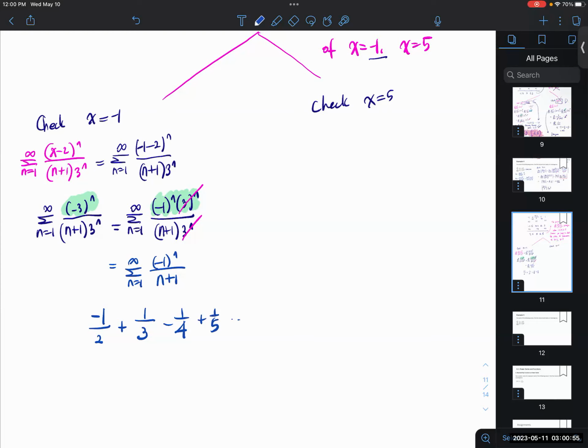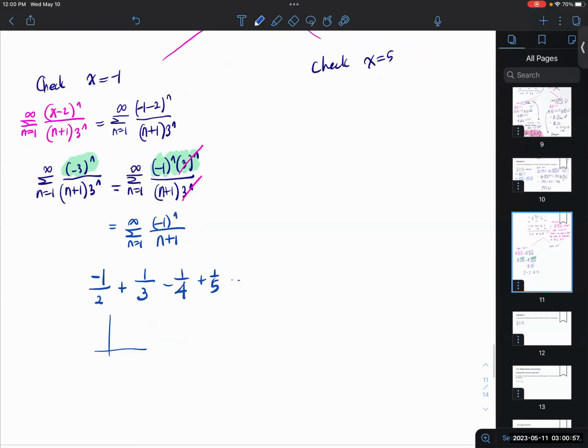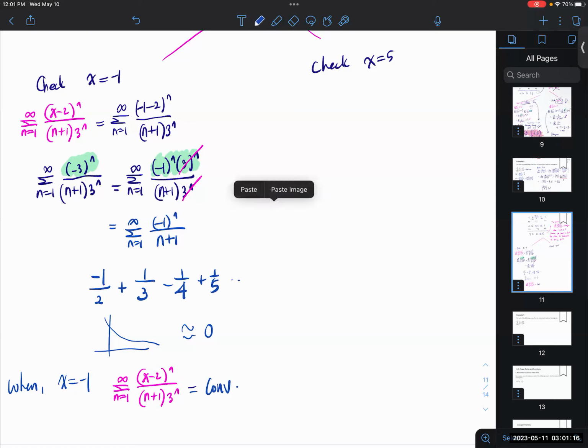If you look at this, the terms are getting smaller, getting close to 0. So this is convergence. So when x equal to -1, the power series converges, so we're going to include it. We need to include it.